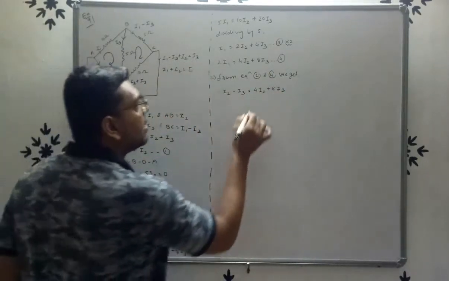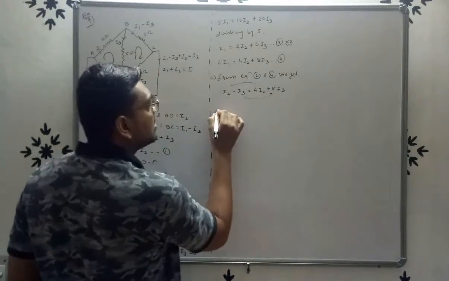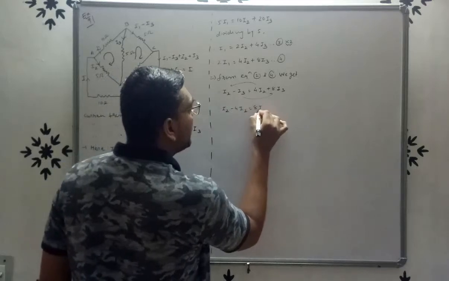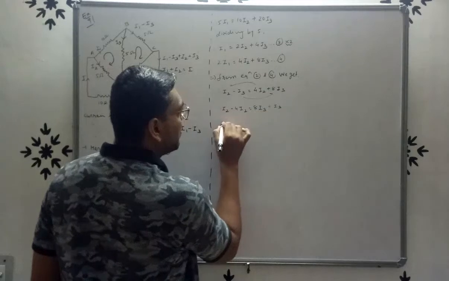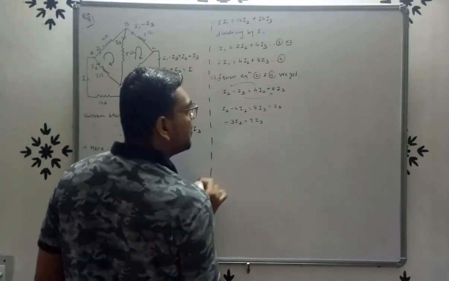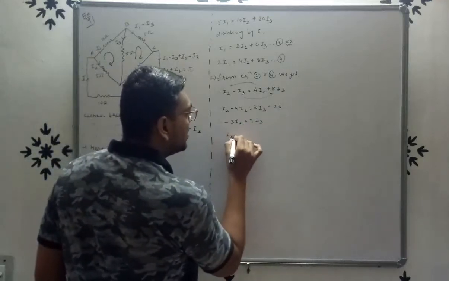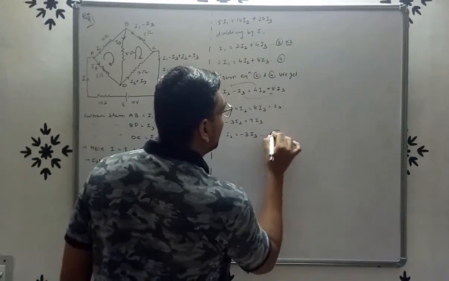So here we take I2 to the left hand side and this I3 to the right hand side. So we get I2 minus 4I2 is equal to 8I3 plus I3. So minus 3I2 is equal to 9I3. Right? So we get I2 is equal to minus 3I3. That is equation number 5.